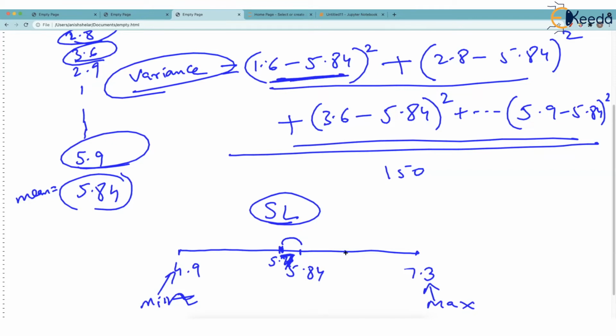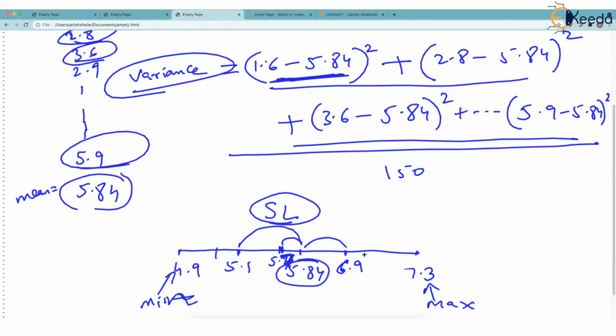Just imagine there is some other sepal length whose value is 6.9 in my DF. What is this formula doing? It is taking this 6.9, subtracting it from this central, that is mean, and squaring it. Suppose there is some sepal length which is, let's say, 5.1. We are again taking this, subtracting it from the mean and squaring it.